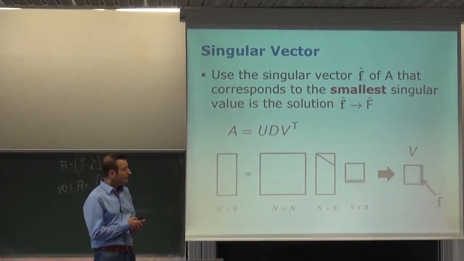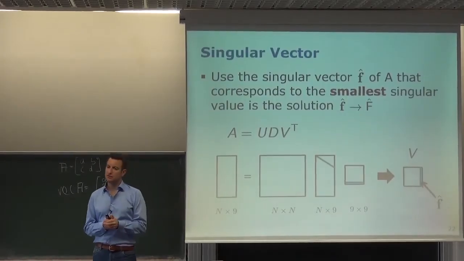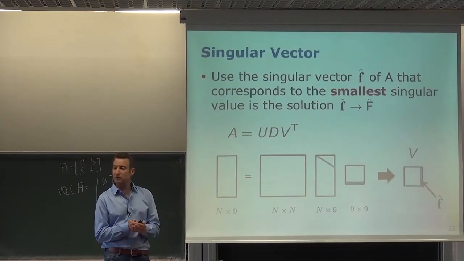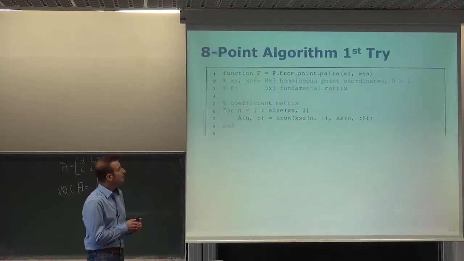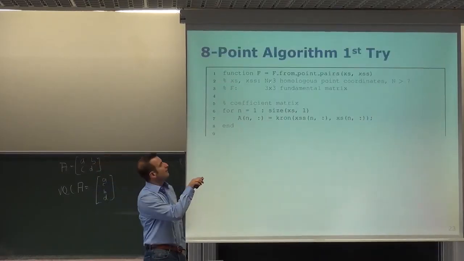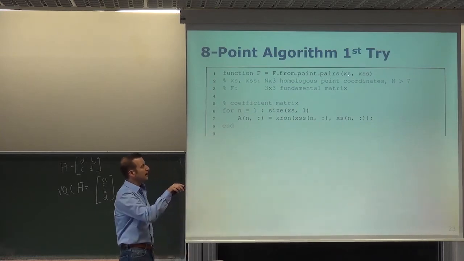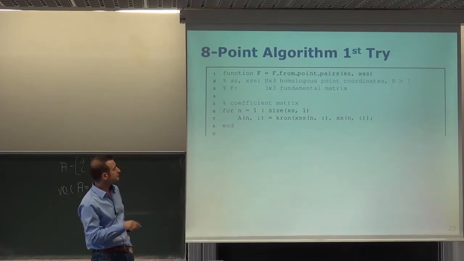Okay. So let's start turning this into an algorithm. I want to write a MATLAB code which is able to do that. So the first thing we need to do if we want to write our MATLAB code is, okay, we have our function compute fundamental matrix from point pairs. And I have here x prime, x double prime.